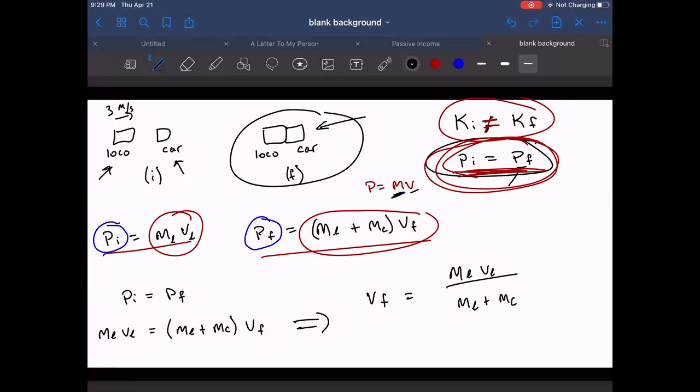So I'm going to get 159,545 times the velocity, 3, divided by the sum of these masses: 159,545 plus 46,000. Any issues with this?